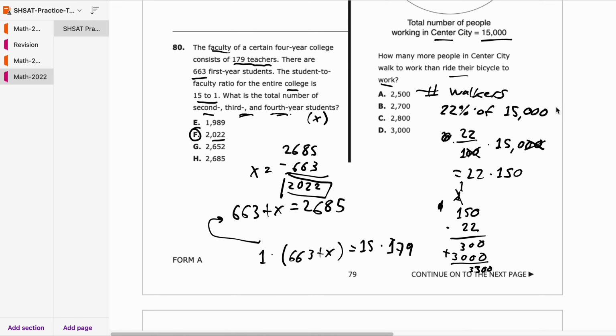Okay, so the short answer is 22% of 15,000 is 3300.